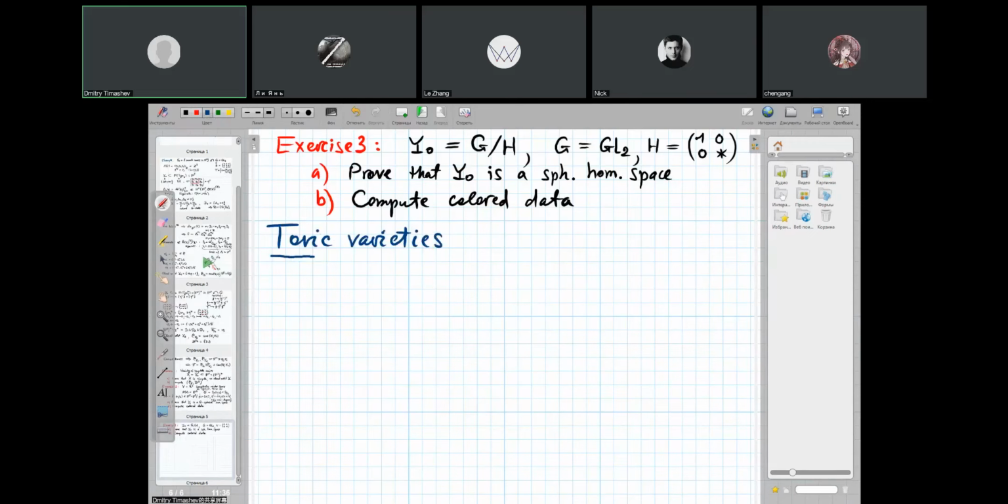So what is a toric variety? By definition, at least one of the possible definitions, a toric variety is the same as a spherical variety.